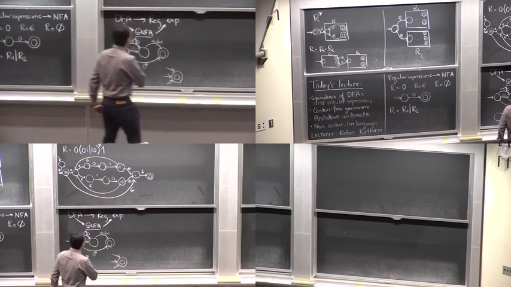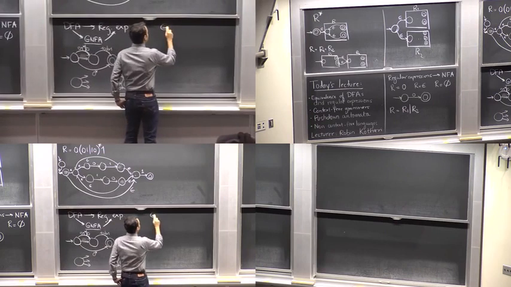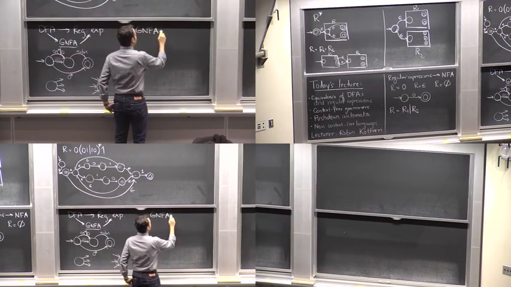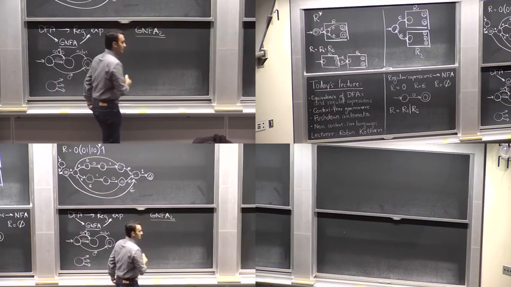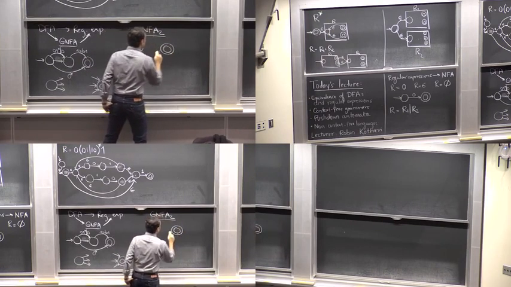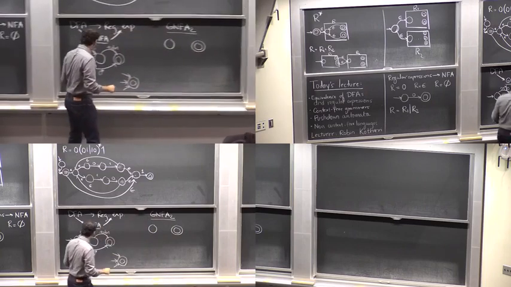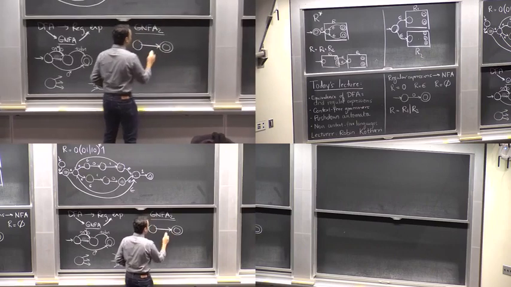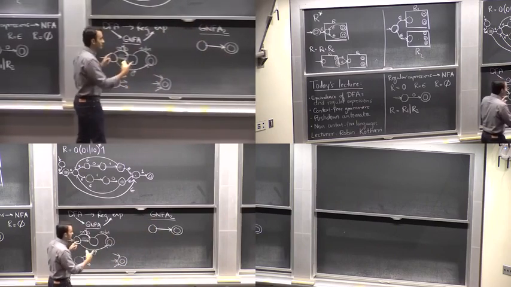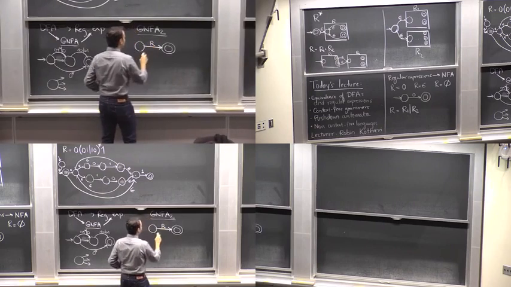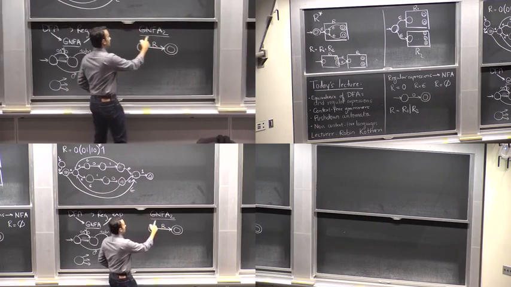So let's say I give you a GNFA with only two states. So I'm going to write that as GNFA2. What does that look like? It has to have one start state, and it has to have an accept state, as we said. The start state can only have outgoing arrows. The accept state can only have incoming arrows. And you can only have one arrow between two pairs of states, as we said. So there's one arrow with some regular expression R here. So this is a GNFA with two states.